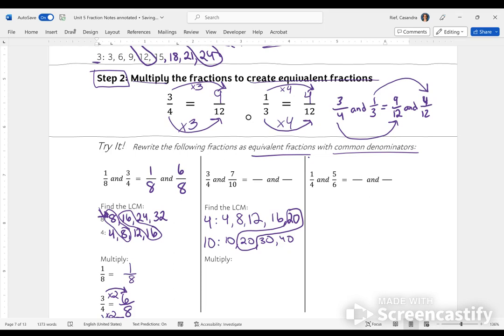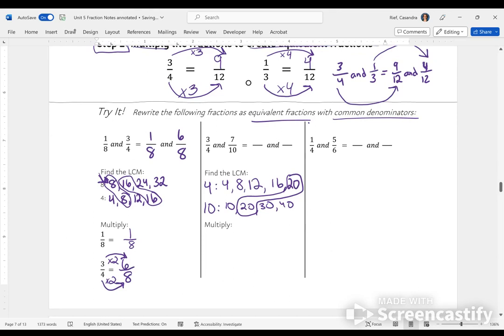So I know I'm going to convert them to fractions with a denominator of 20. So 3/4 I want to rewrite as 20ths. To turn 4 into 20, I have to multiply by 5. So to turn 3 into my new numerator, I also have to multiply by 5. 3 times 5 is 15.